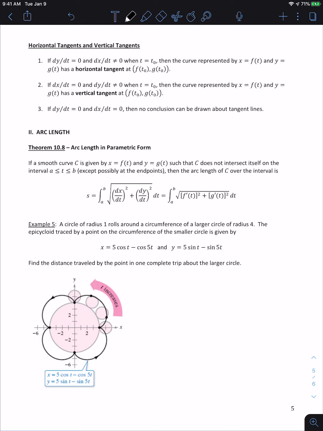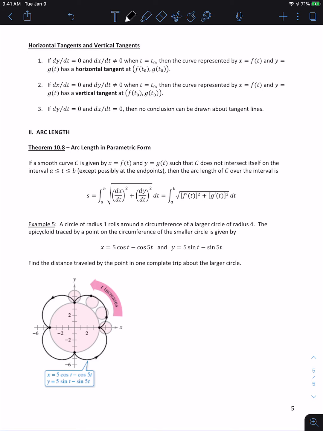And so the parametric equations for that big four-leaf clover shape, which is called an epicycloid, are x equals 5 cosine of t minus cosine of 5t, and y equals 5 sine of t minus sine of 5t. So the question is to find the distance traveled by the point in one complete trip. In other words, find the whole distance of this epicycloid.